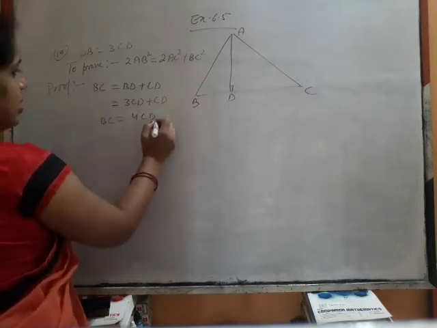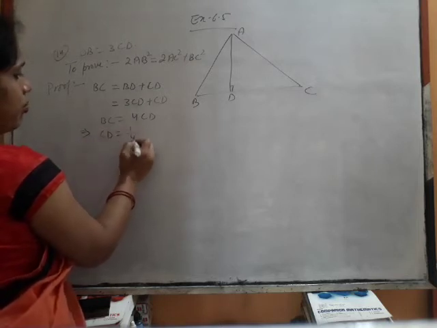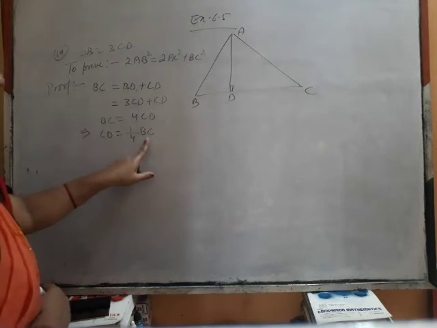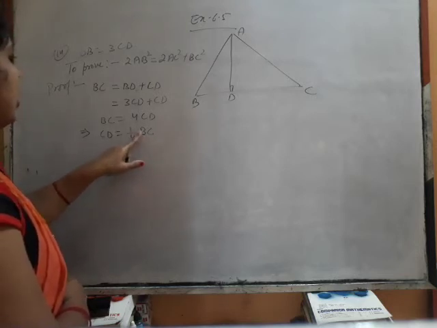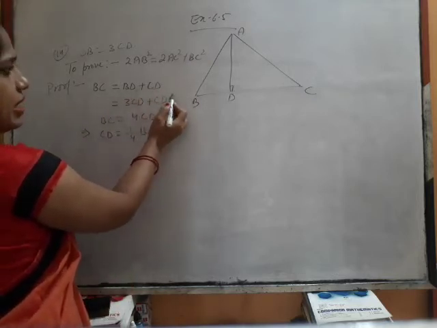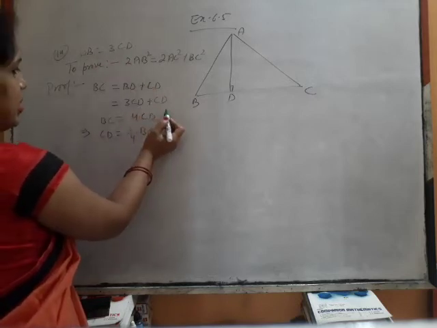So we can write from here CD is equal to 1 upon 4 BC. Now this BC is BD plus CD, and BD is given thrice of CD.